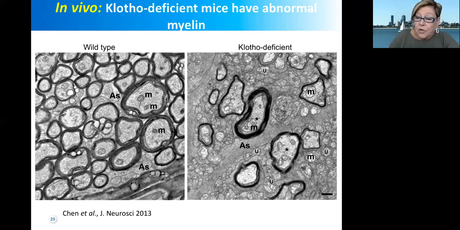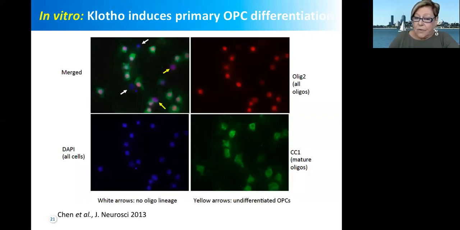So we wanted to know if Klotho affects oligodendrocytes. So we cultured primary oligodendrocyte precursor cells, or OPCs, and we treated them with Klotho. We used markers for all oligos, which is OLIG2, or only mature oligos, which is CC1.